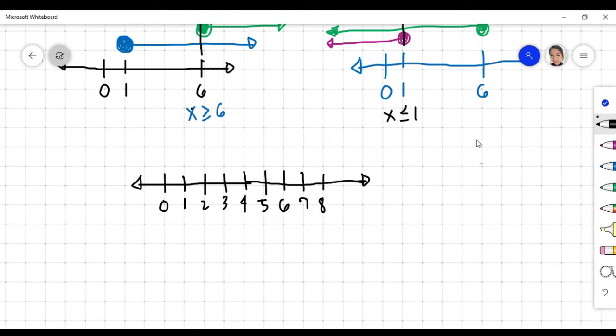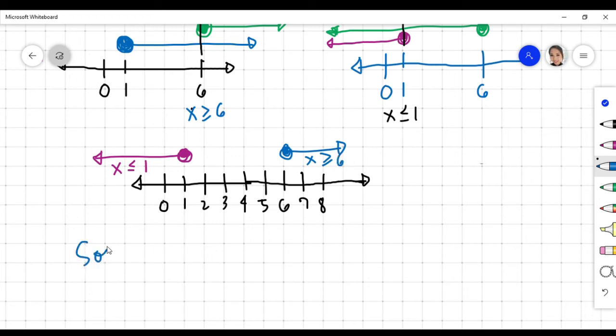So x greater than or equal to 6, shaded, and it's moving to the right, while x less than or equal to 1, shaded above 1, and it moves to the left. This graph here represents x less than or equal to 1, and this graph here represents x greater than or equal to 6.